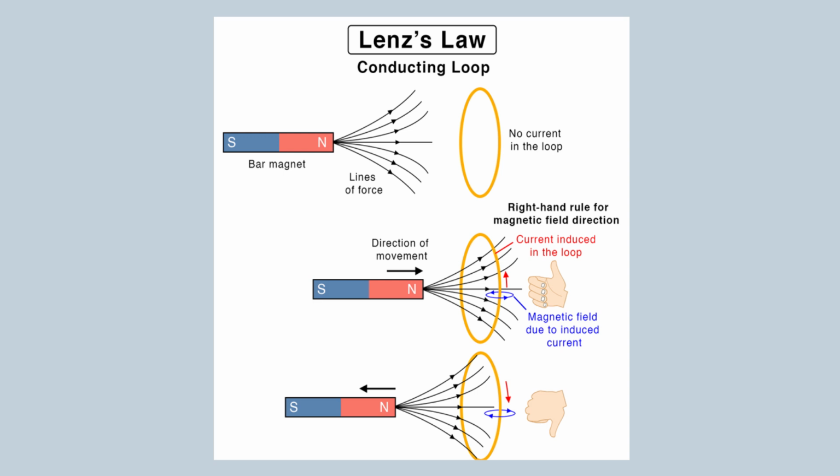Lenz's law states the polarity of the induced EMF is such that it opposes the change in magnetic flux that produces it. The negative sign is because the induced EMF opposes the magnetic field.